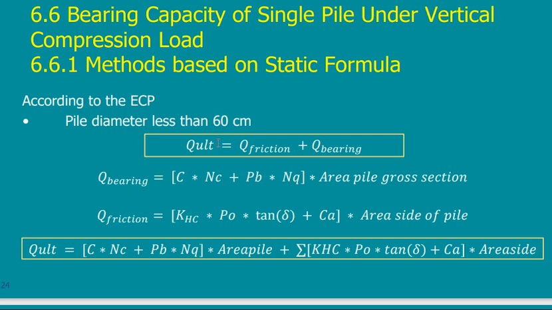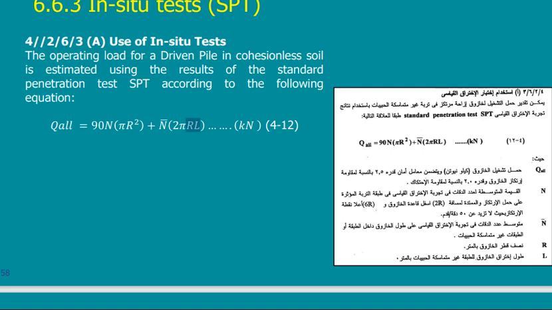Similar to the previous one, I have here a part for end bearing multiplied by the area of the pile, and a part for the friction multiplied by the area of the sides of the pile. So they are similar in this way. But here there is a factor of safety that is already included in the equation to give me directly the Q allowable.